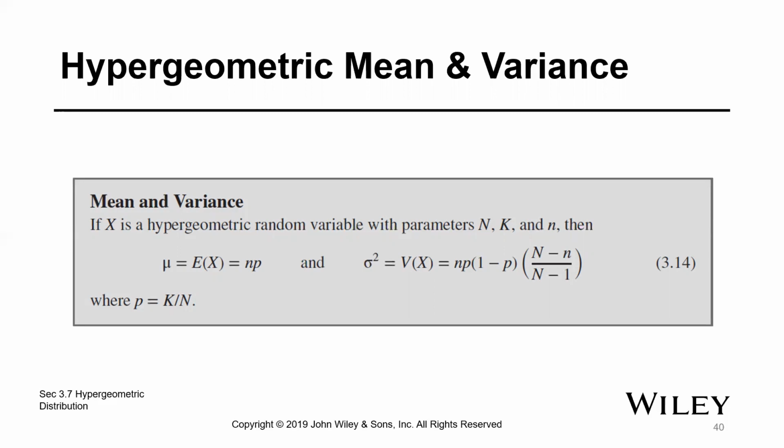And probability is K over your population size. Okay.